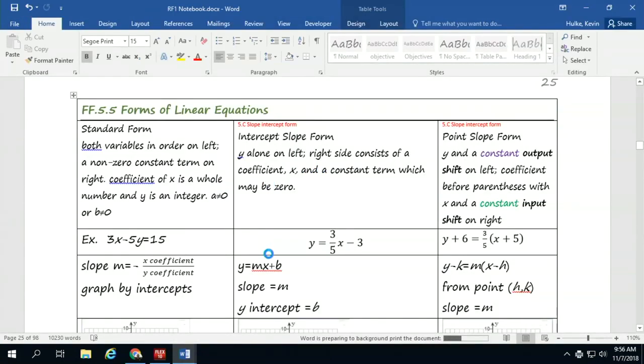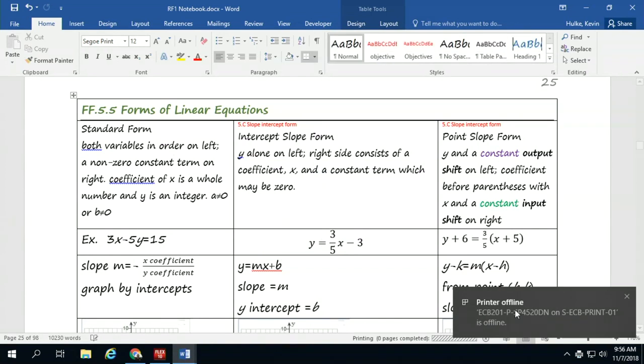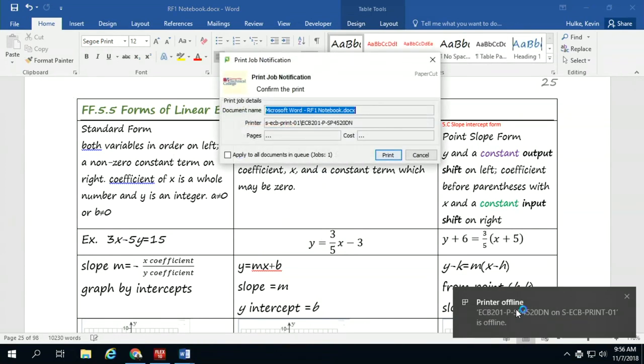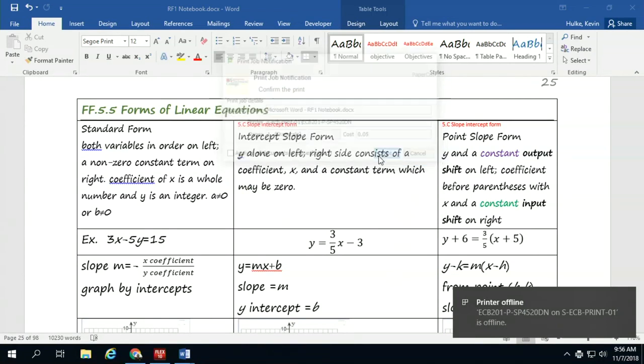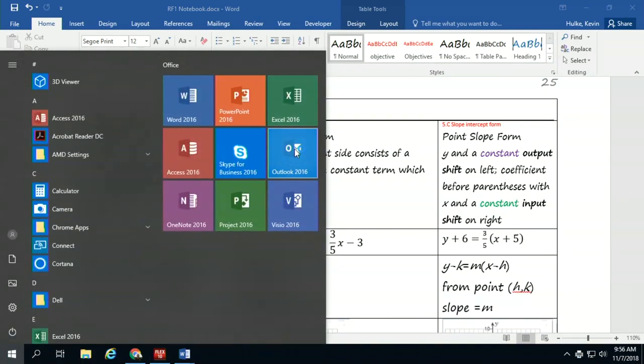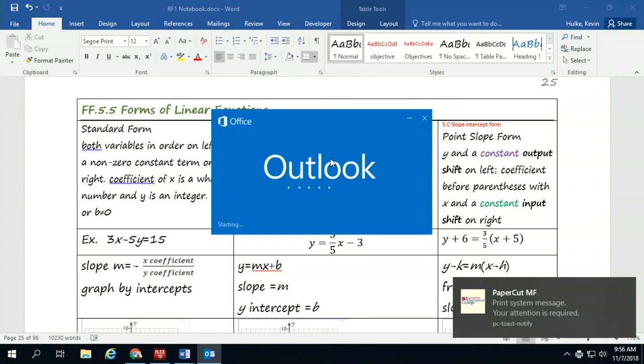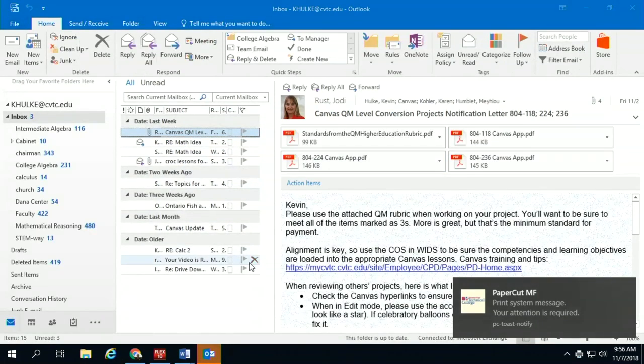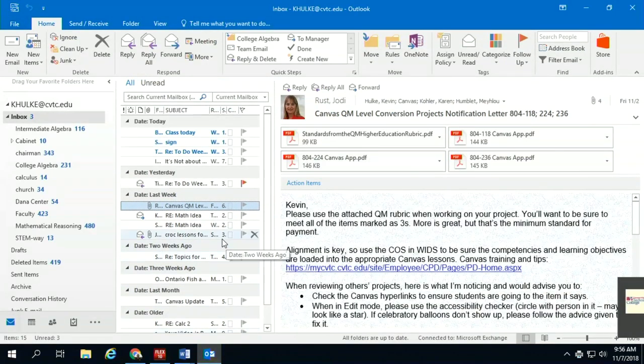We'll see. Oh, it says it's offline. Can you hit the power button there on the front? There it is. Oh, now it's shutting down.